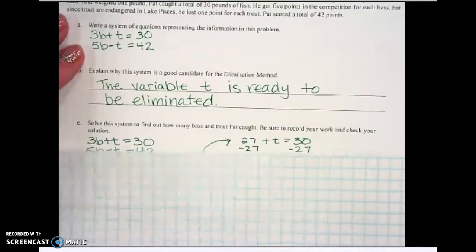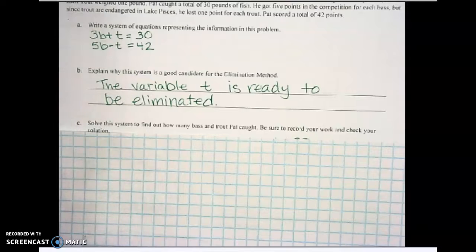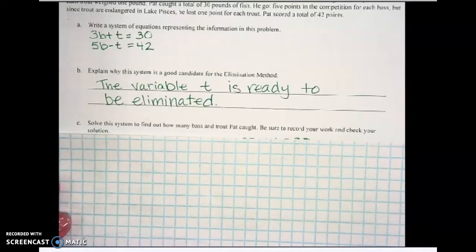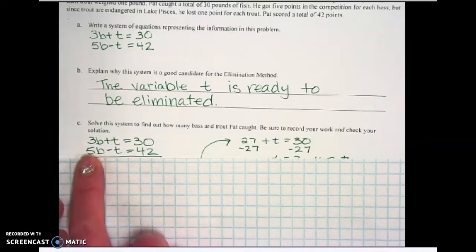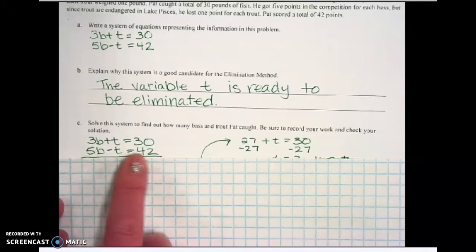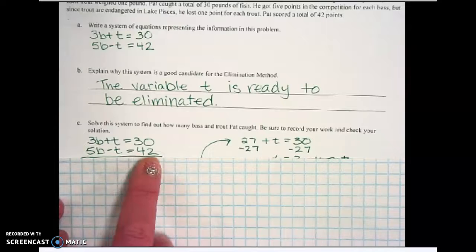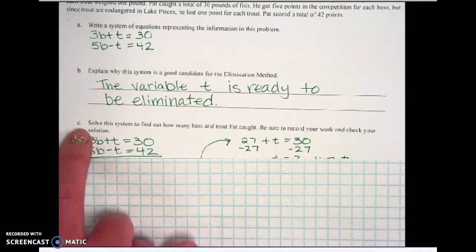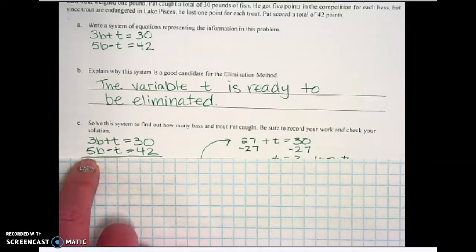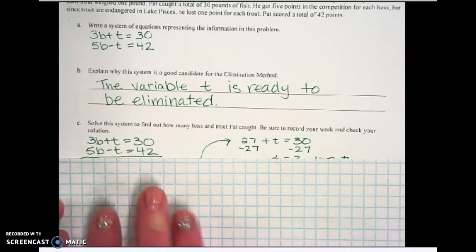Part C says, solve the system to find out how many bass and trout Pat caught. Be sure to record your work and check your solution. So we're going to take our 2 equations, 3b plus t equals 30, 5b minus t equals 42. The t's are opposite. They're going to eliminate. What is 3b plus 5b? 8b.